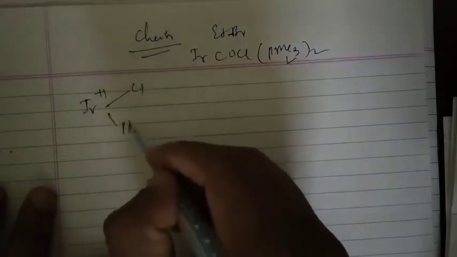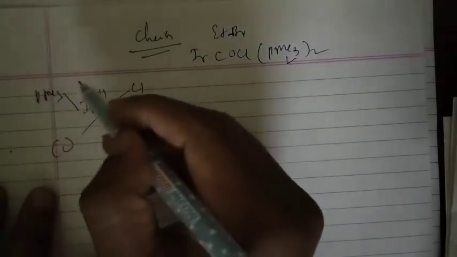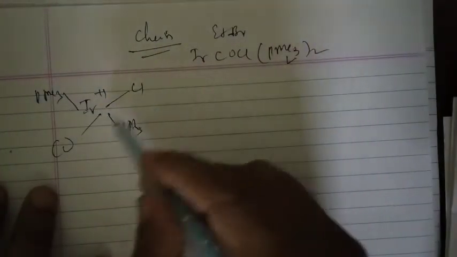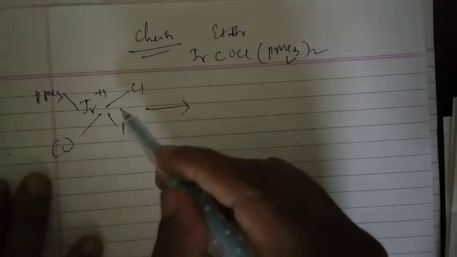So Ir is in the +1 state here, with Cl, PMe3, CO and PMe3. First we are taking this complex.